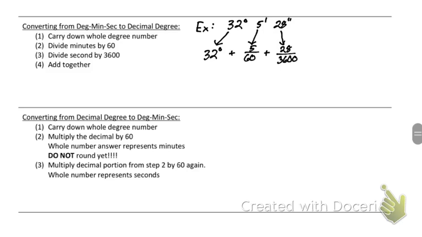So it's just going to be 32 plus 5 over 60 plus 28 divided by 3,600. And unless my math is terrible, when I plug in my calculator really quick, I got something about 32.0911 degrees, but it's just the one continues or something.